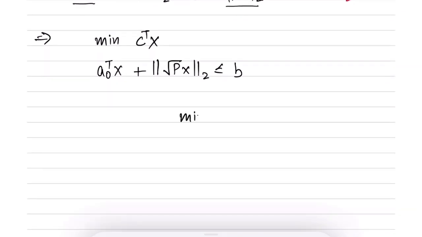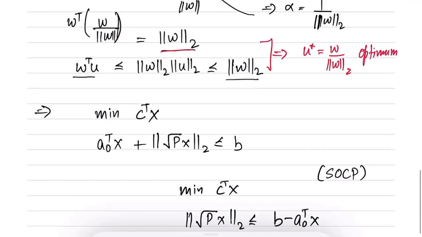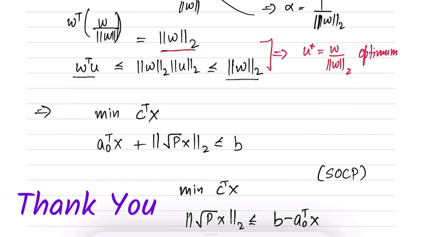To see that it is an SOCP, you can write it as minimize C transpose x subject to norm of square root p times x less than or equal to b minus A naught transpose x. So you can see that this is indeed an SOCP. So this was a robust linear programming problem formulation where A has ellipsoidal constraints.